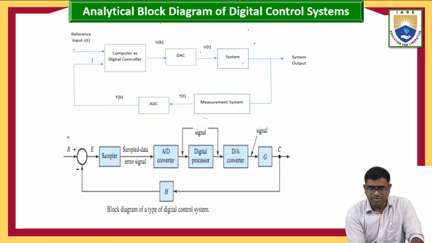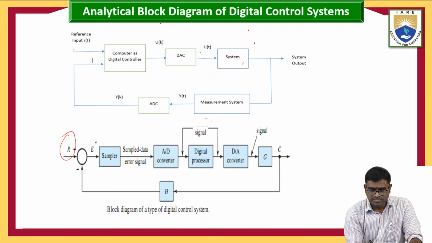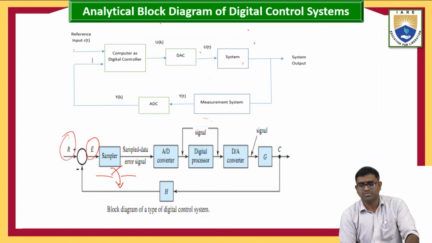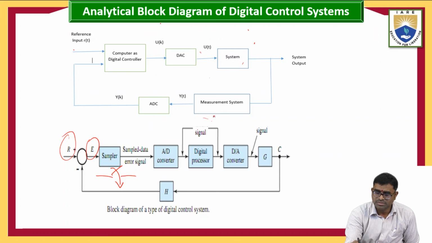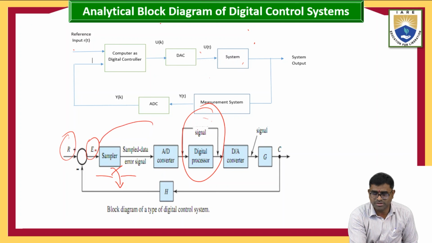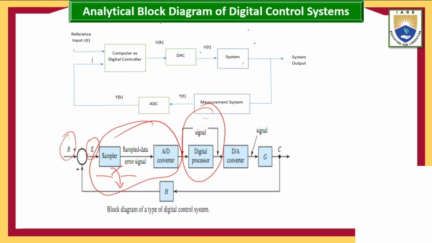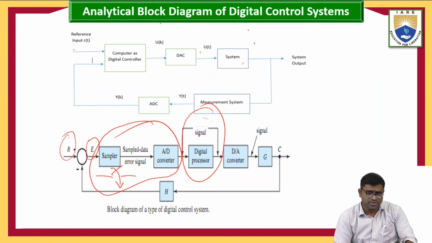For example, on the input side, R of t, there is the error signal, the sampler and the hold circuit. It is like a switch. Sampler, hold, switch. This is given to the digital processor. This switch part is nothing but this one. All understand? This is your analytical block diagram of the digital control system.